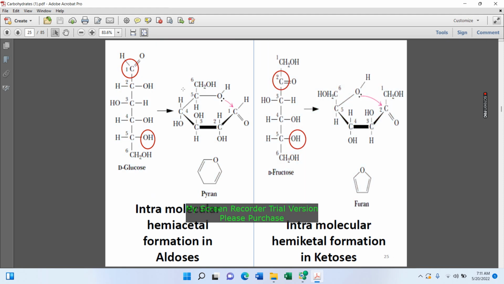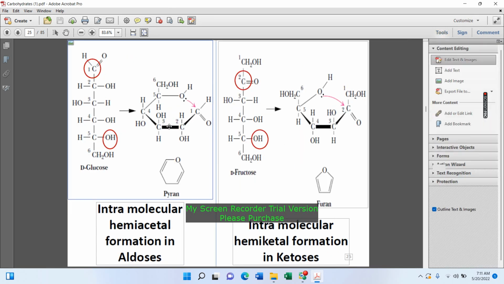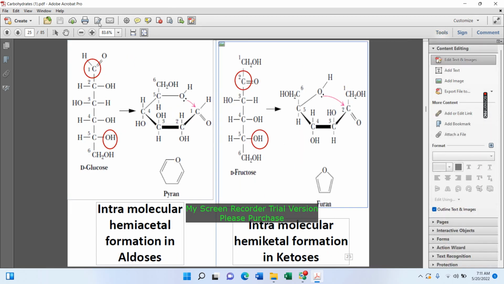Okay, anyway, this lone pair of electrons on this oxygen attacks this carbon, and when this lone pair is shared with this carbon, then this carbon gets five bonds, so this double bond gets broken.